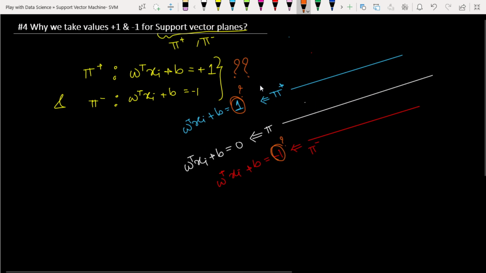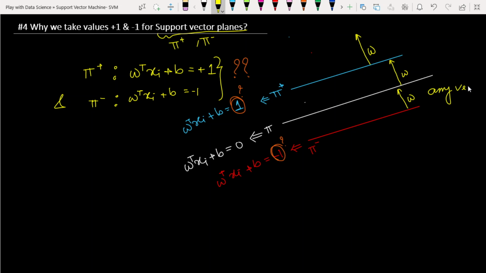Simply remember one thing: here we are taking the perpendicular vector to our optimal plane as W. This is W and this is W, and this is simply our perpendicular vector. It is any vector which is perpendicular to our optimal plane, and it need not be a unit vector.